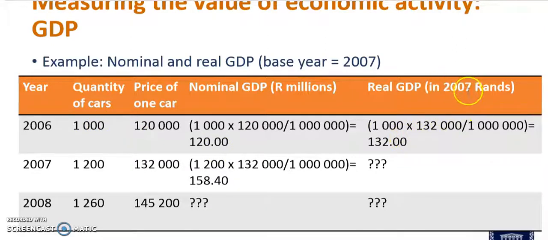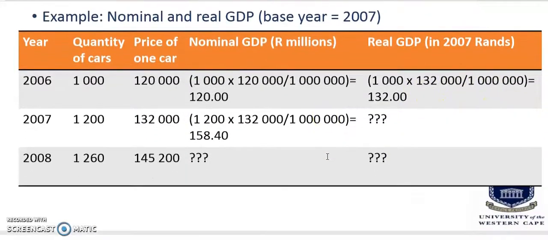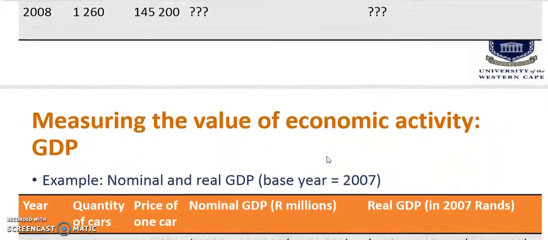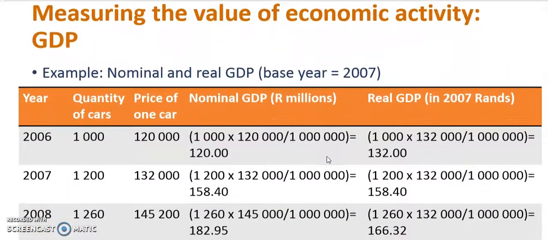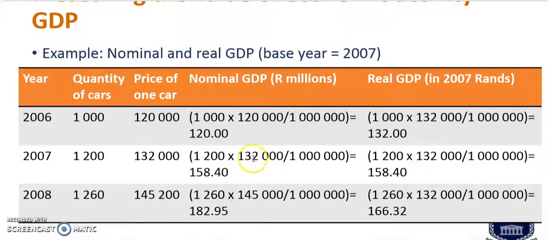So the base year is 2007, and we'll use the price of this throughout. So we'll use 132,000 divided by 1 million. So this is the complete example. As you can see, for nominal GDP, we use the different prices of each year, but for real GDP, we use the same price of the base year.